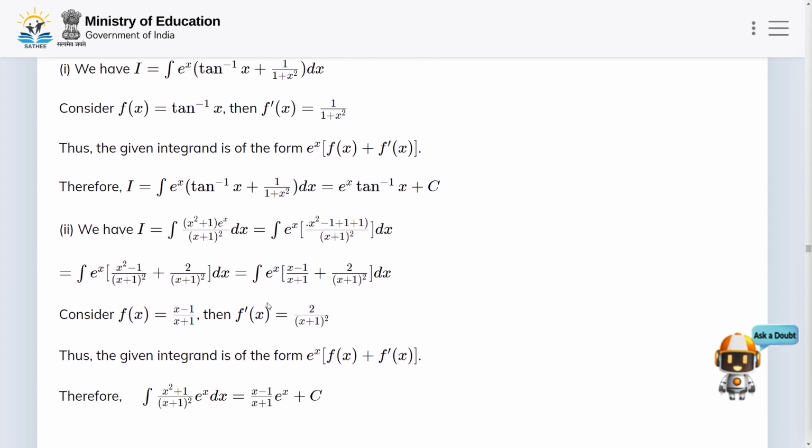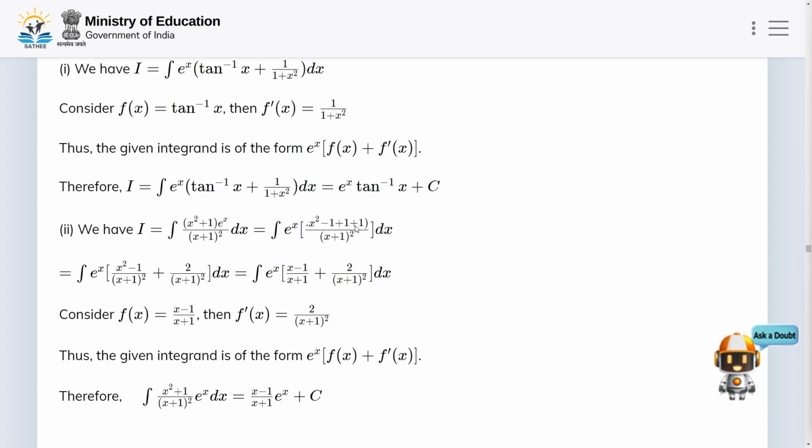Okay. Now the second part, I is equal to (x square plus 1) multiplied by e^x divided by (x plus 1) whole square. So what is happening? As you can see, the first thing we are doing is, in the numerator, we are adding and subtracting 1. So what you can get is x square minus 1 plus 1 plus 1.